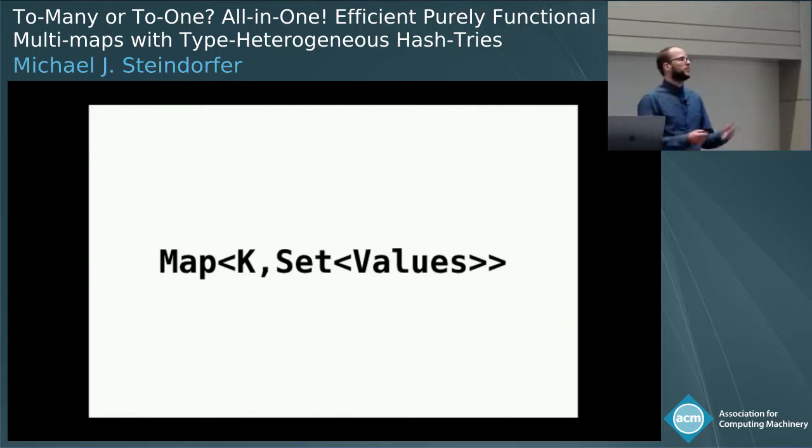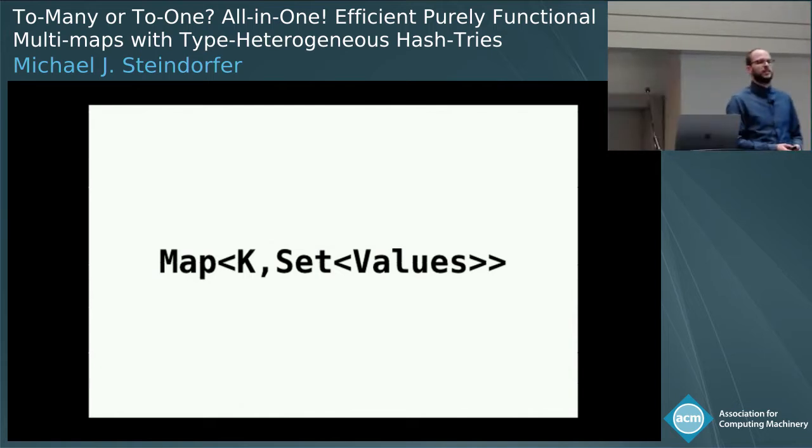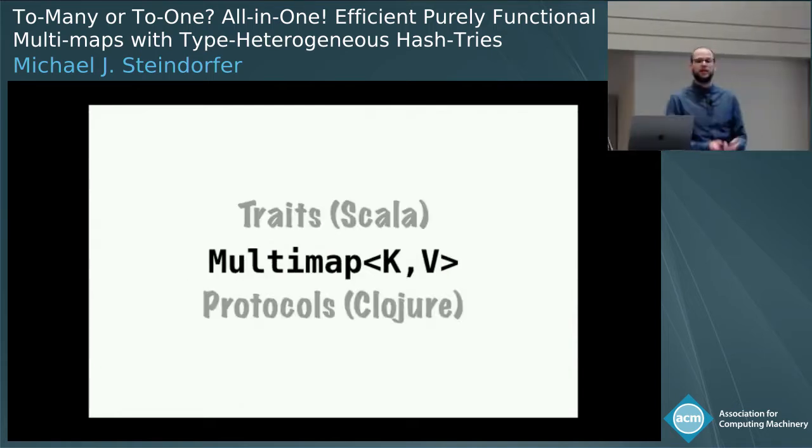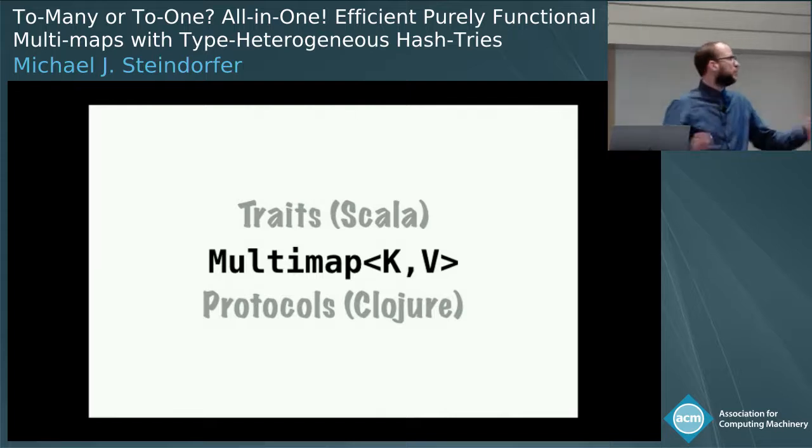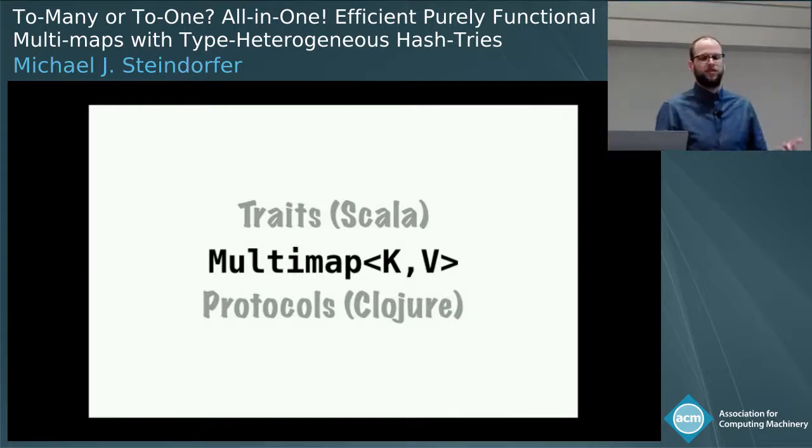Some libraries or languages do have multimaps, but most of them have multimaps just on the interface or type level. Under the hood, you still have maps with nested sets. You just lift them with, for example, traits in Scala or protocols in Clojure to a much nicer API that you use as a programmer, but it doesn't change the runtime representation. You still have the explicit composition under the hood.